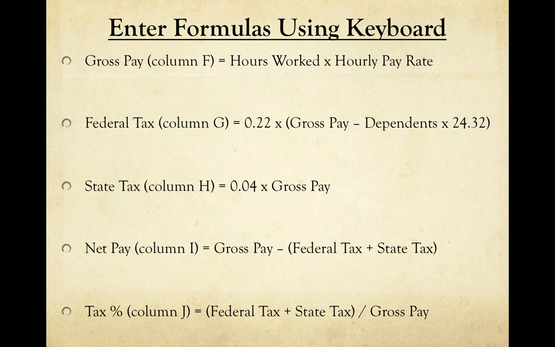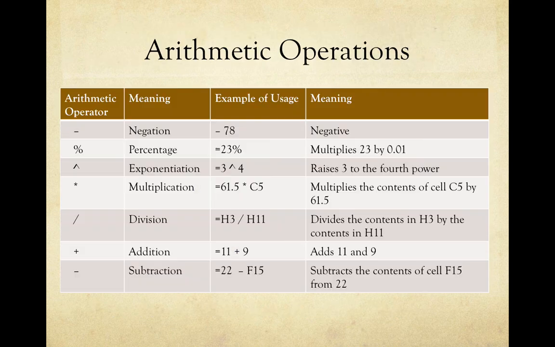State tax is column H. This is going to be equal to 0.04 times the gross pay. Net pay is in column I. This is going to equal gross pay minus the sum of federal tax and state tax together. And then we have tax percentage, which is column J. And this is going to be the sum of federal tax and state tax divided by gross pay.